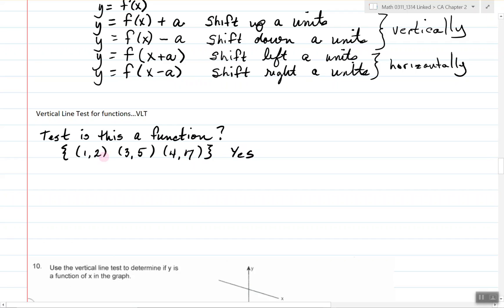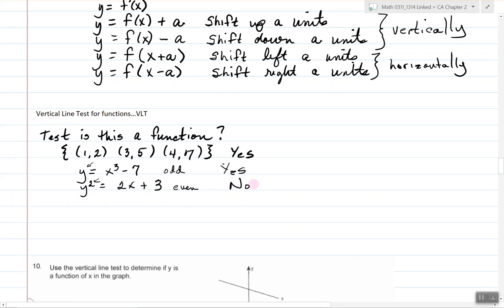We also had y equals x to the third minus 7. Or we might have y squared equals 2x plus 3. From equations, and this is a limited test, what we said is look at the exponent of y. If the exponent is odd, then yes, it is a function. If the exponent is even, then no, it's not.